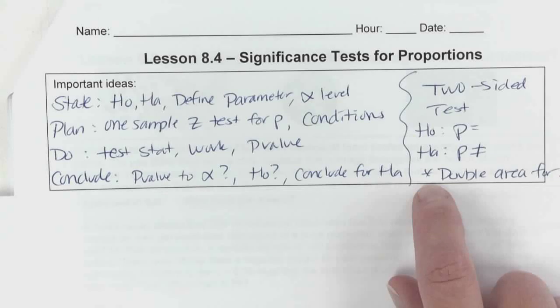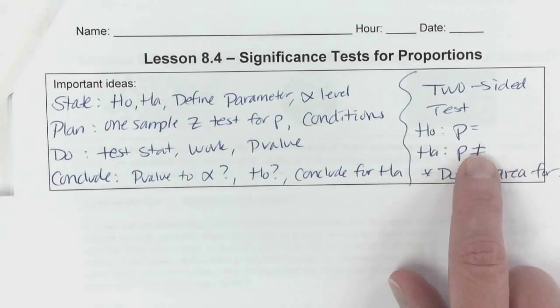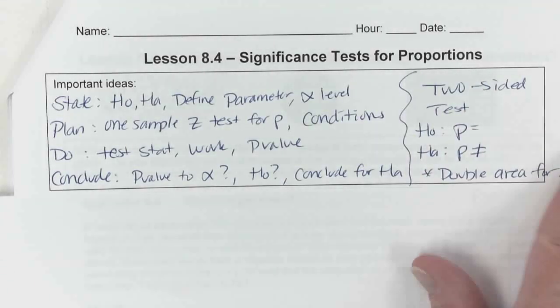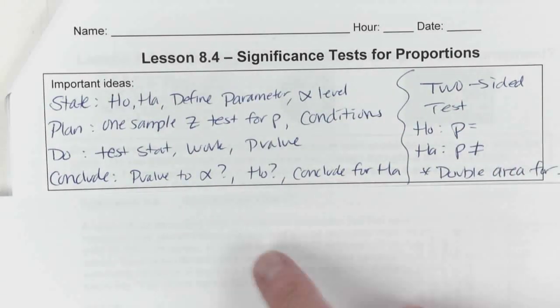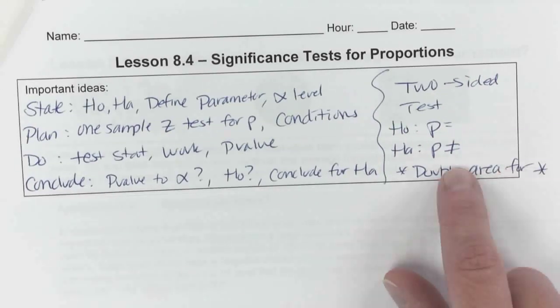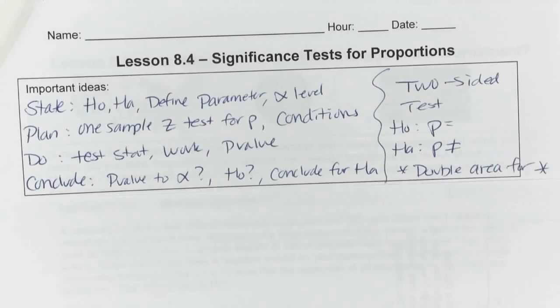What we have to do is when we get the area in the tail, whether it's to the right, if it's a value that's greater than our assumed null hypothesis, or if it's a value to the left that's less, we have to double the area to get the p-value. So you'll see that next.